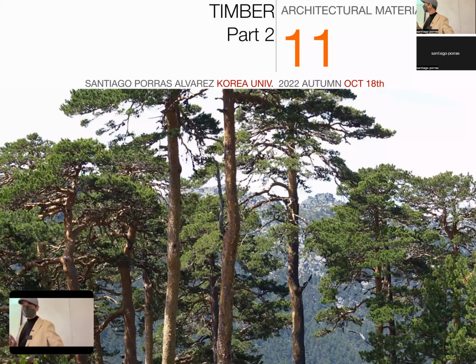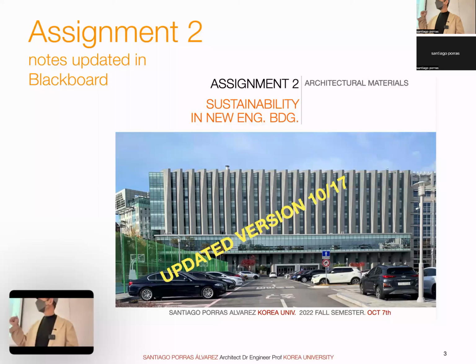So instead of that, let's go into the lecture, the second part of Timber. Just before that, just to remind you, I updated the notes on assignment 2, right? There was some data which was not correct. I said that the panels of this building were aluminum. They are steel. I checked the other day, right? And there are more comments, so you may want to look at it.